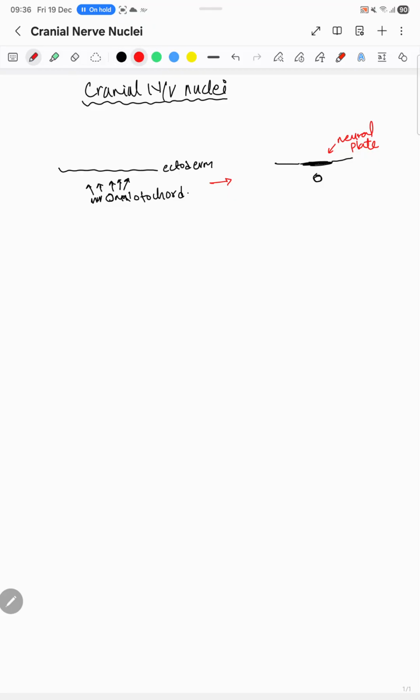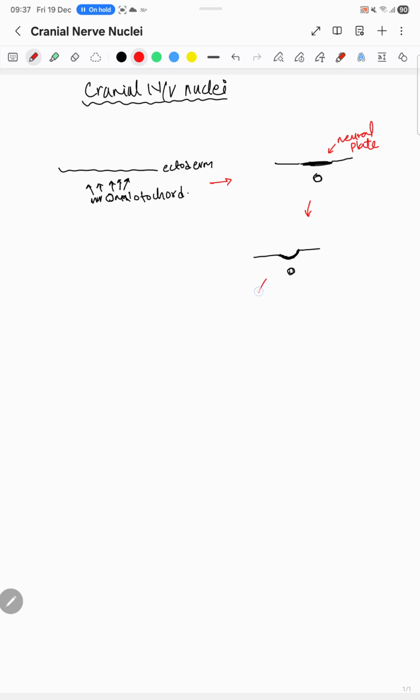Now what shall happen is that you see a groove formation. So a groove is formed right here, right? And as this region is getting pinched inside, as this region depresses, as you can see the elevation of the lateral margins, right?